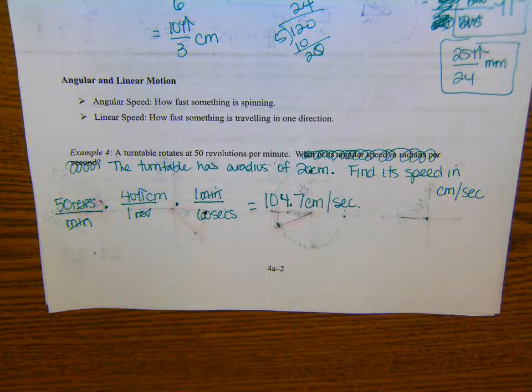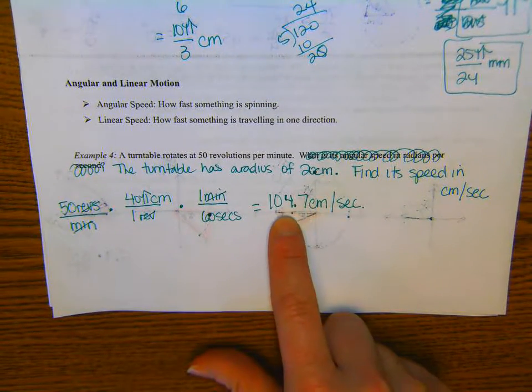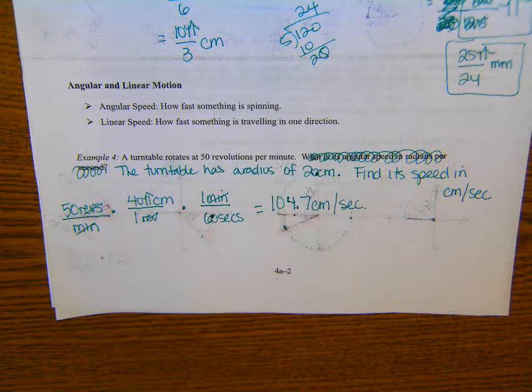Let me tell you what that means. If I put a little dot on the outside of a record, do you guys even know what a record looks like? Okay, good. If you put a little dot and then you started the record player, that little dot would travel 104.7 centimeters in 1 second.